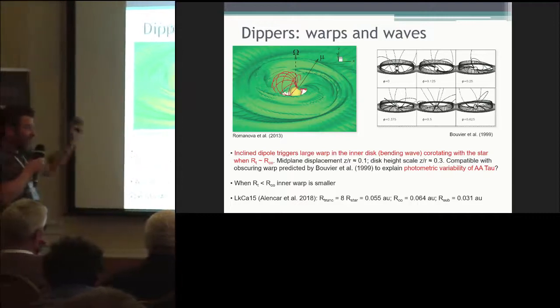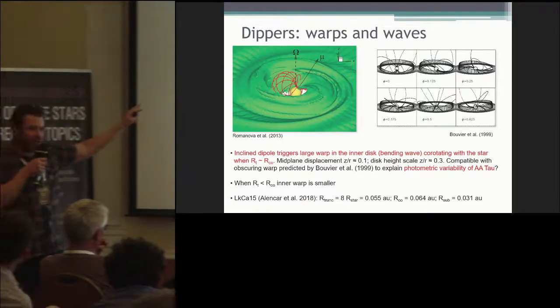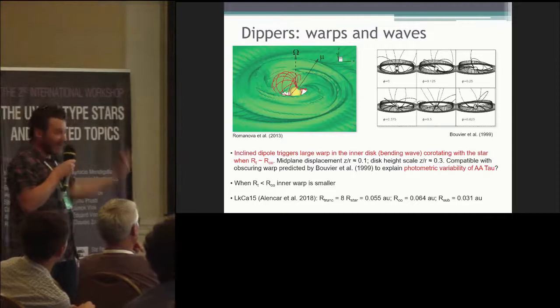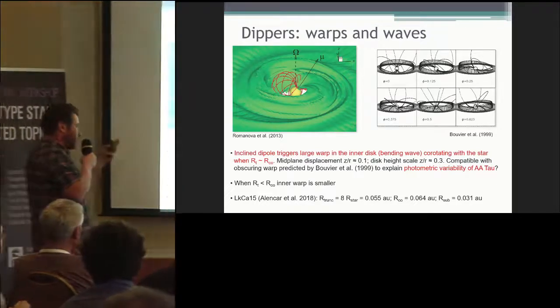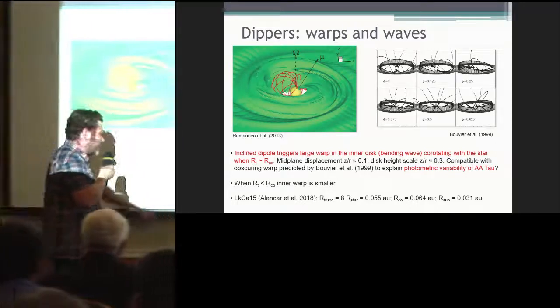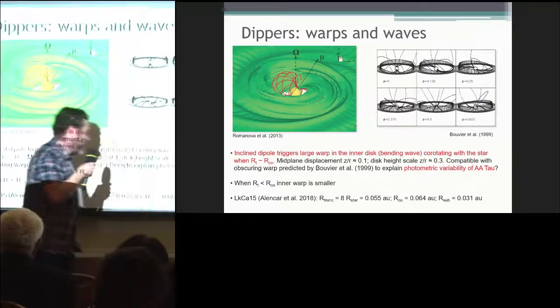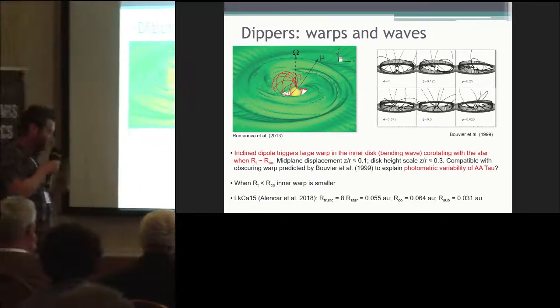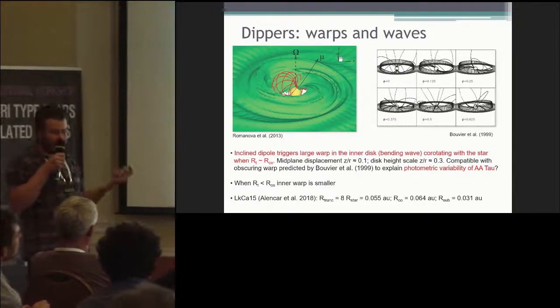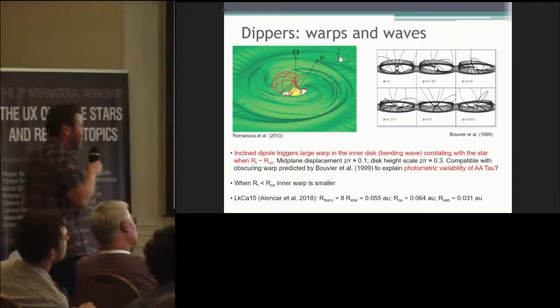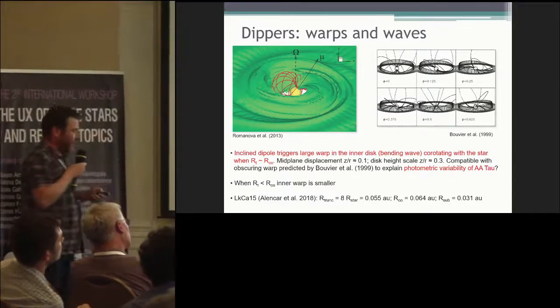And the other ingredient that we do not take into account in the numerical simulations is that you need dust there in order to produce these absorptions. It seems that the sublimation radius is very close in, below the truncation radius, below the corotation radius. Everything seems to more or less fit together.